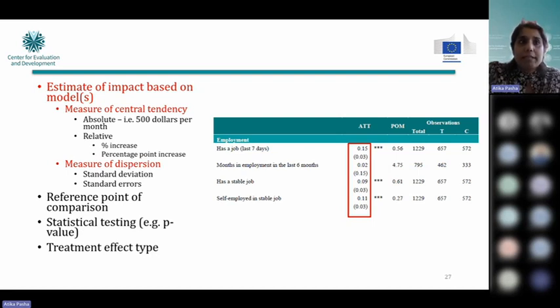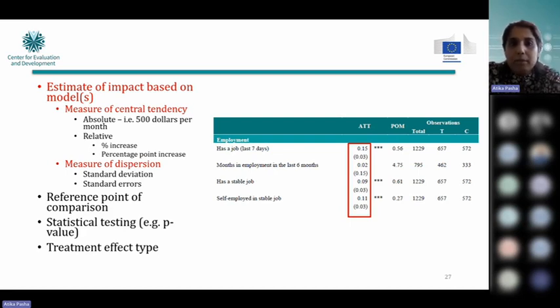What you see here, for example, is that in this group there are no differences because you see no stars, so there is no, let's say, effect on the months in employment. But overall, this is an absolute value, whereas there are others that are presented in relative terms.